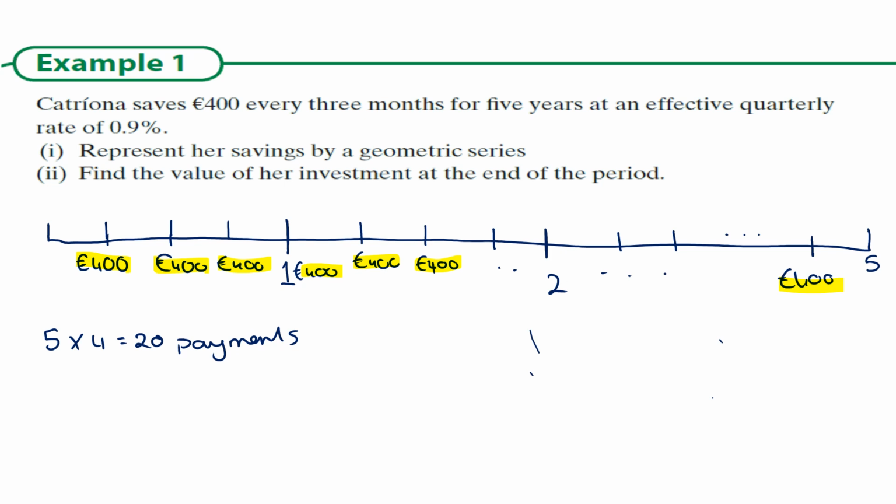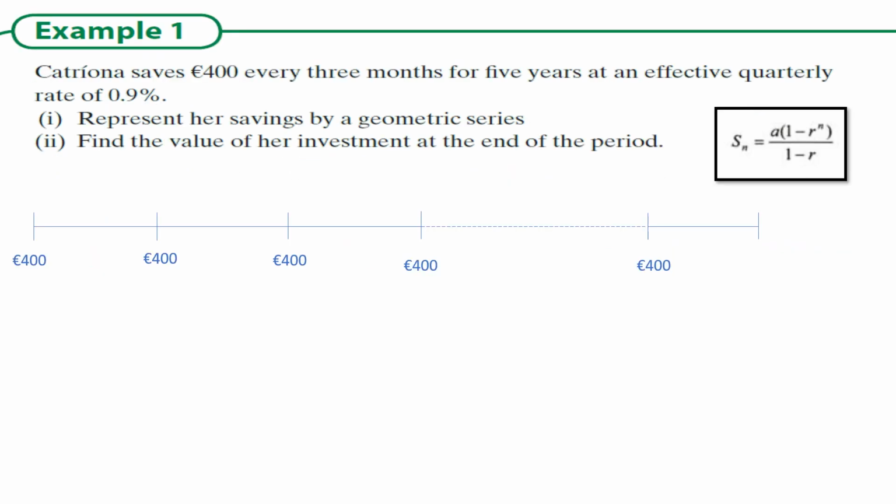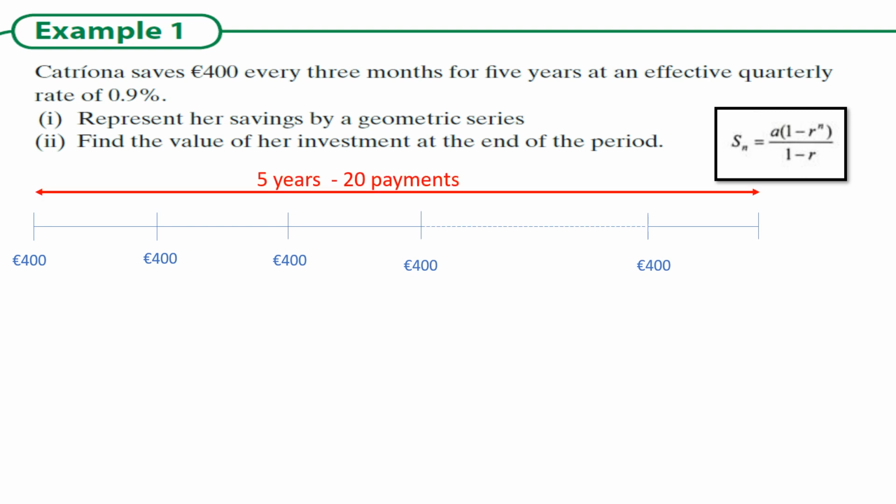So let's simplify this picture a little bit and see what we can do. Here's a much nicer, cleaned up version of what we're looking at. We have these intervals of payment, 400 at each interval. This whole piece is 20 payments, so 5 years.